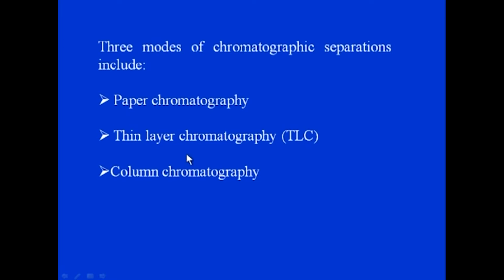In column chromatography, the stationary phase is packed in a tube or column, which is why it is called column chromatography. So, let us discuss a little bit about paper chromatography and thin layer chromatography, and then we will move on to column chromatography in particular.